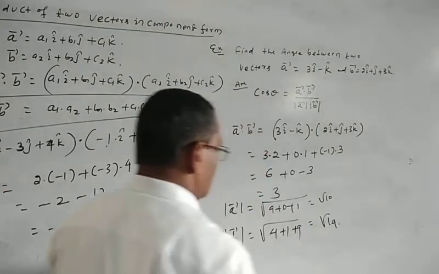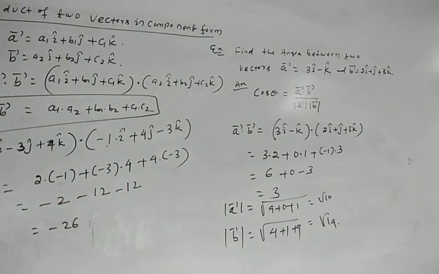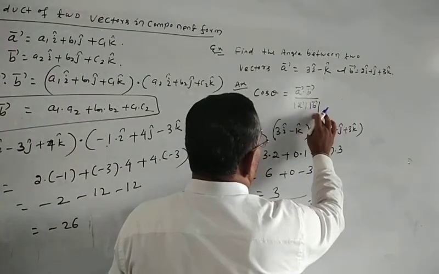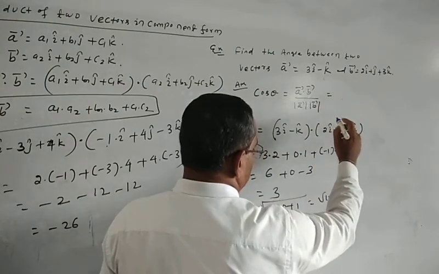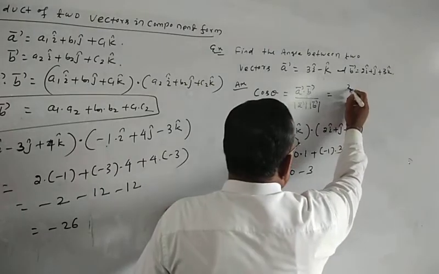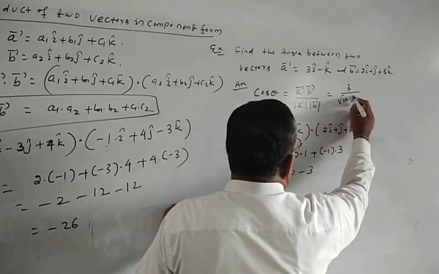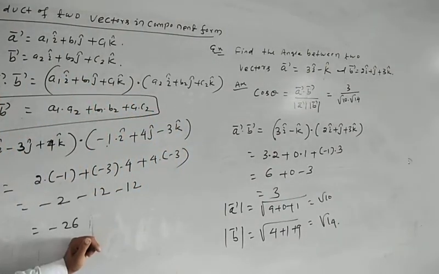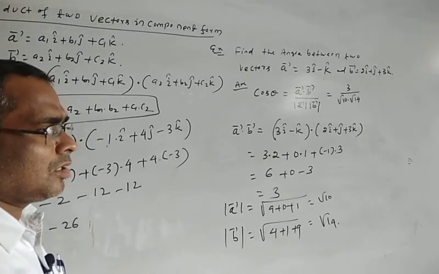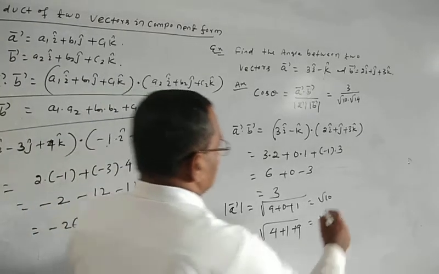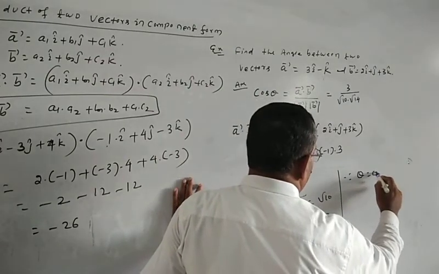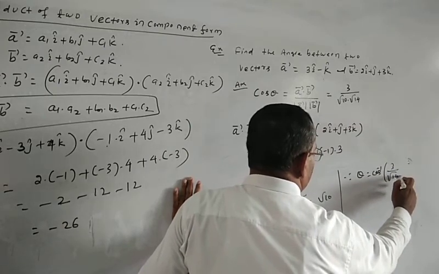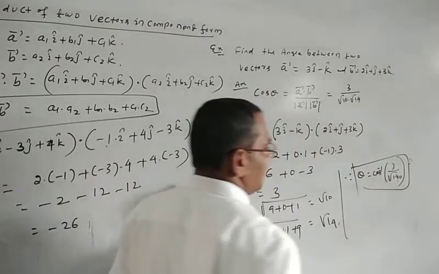So cos theta is equal to a vector dot b vector by a vector magnitude into b vector magnitude, that implies 3 by root 10 into root 14, which is 3 by root 140. Therefore theta is equal to cos inverse 3 by root 140. So this is the angle between two vectors.